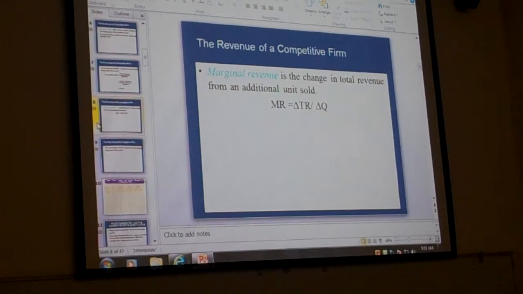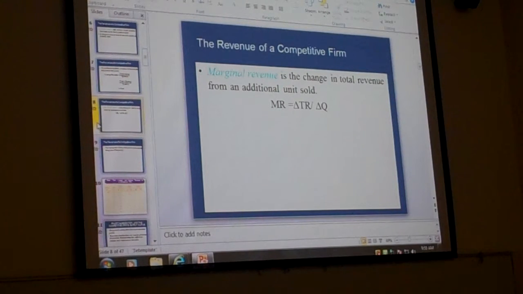Marginal revenue is what you get for selling one more unit, which makes sense now that marginal revenue is equal to the price also, because if I sell one more unit and the price is $6, my marginal revenue is $6. Which leaves us with price equals average revenue equals marginal revenue in a competitive market.